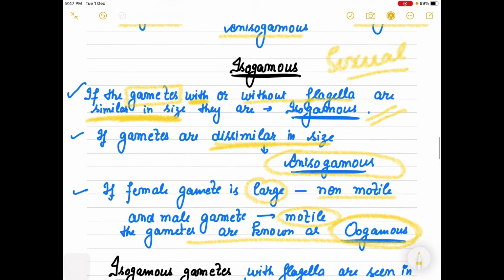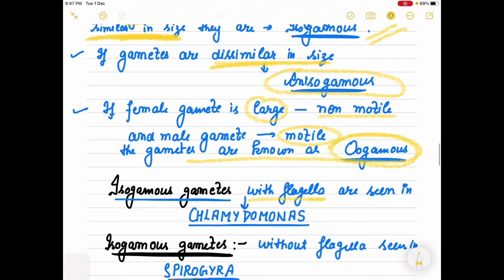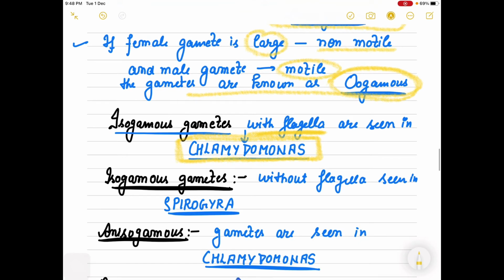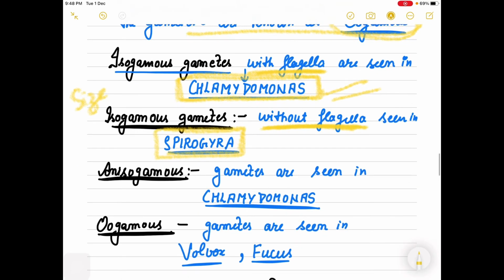Isogamous gametes with flagella are exclusively seen in Chlamydomonas. Isogamous means the size of both is similar. So with flagella it is seen in Chlamydomonas, and without flagella they are seen in Spirogyra. And where will you find anisogamous gametes?